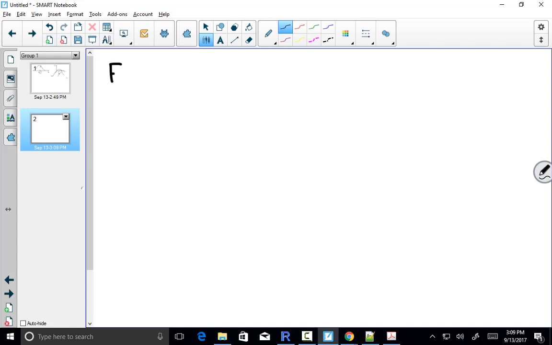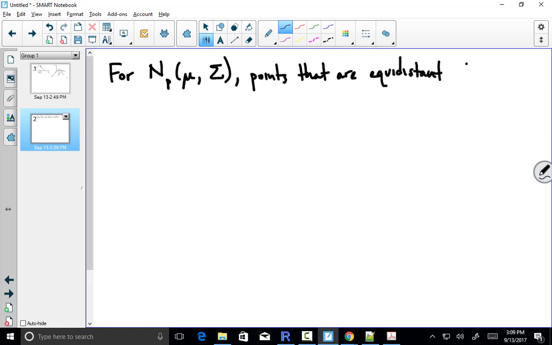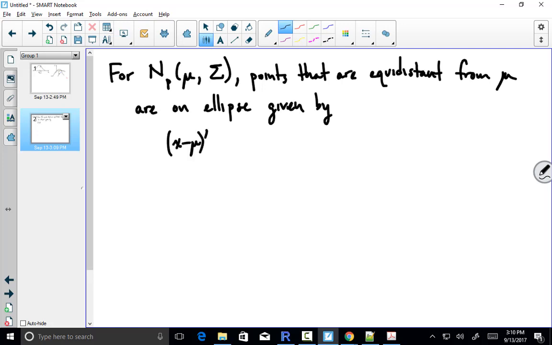So for multivariate normal, p-dimensional, with a mean vector and a covariance matrix, the points that are equidistant from the mean are on the ellipse given by x minus mu transpose sigma inverse x minus mu.